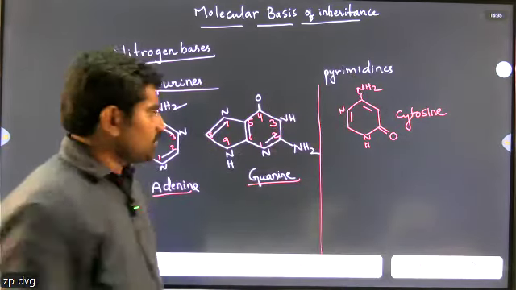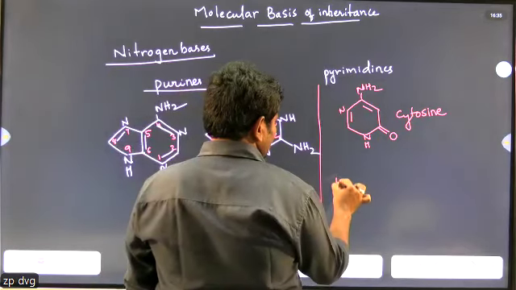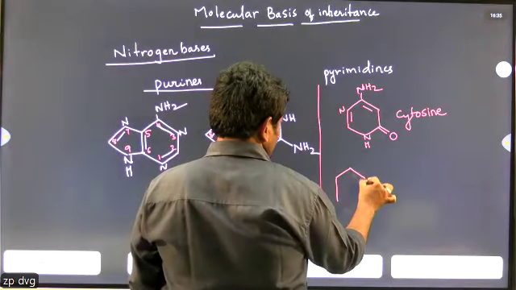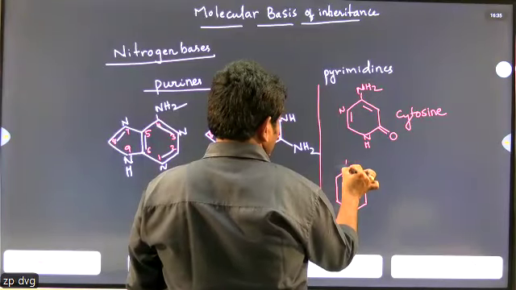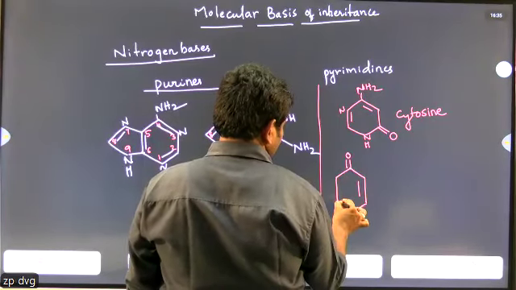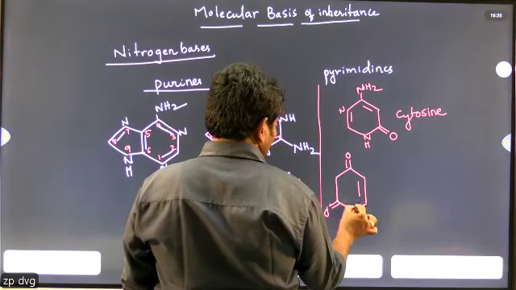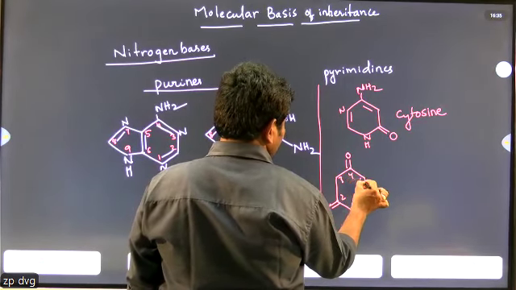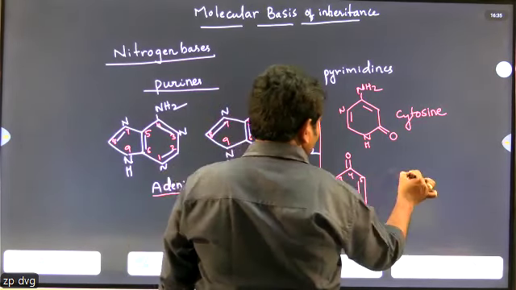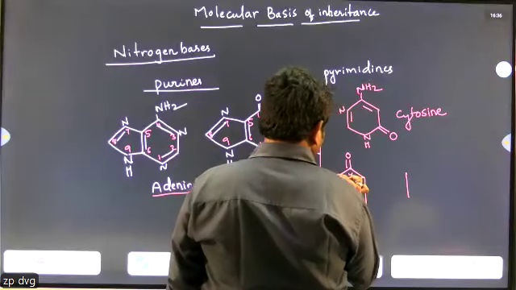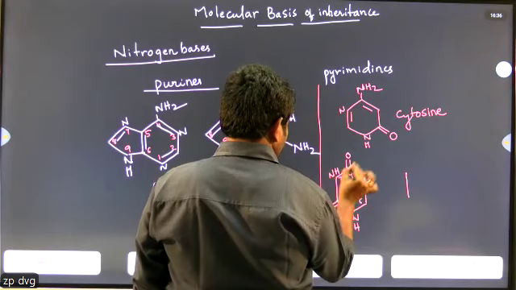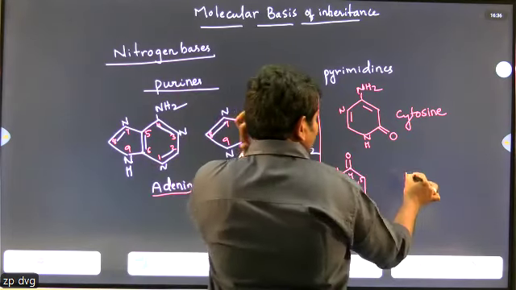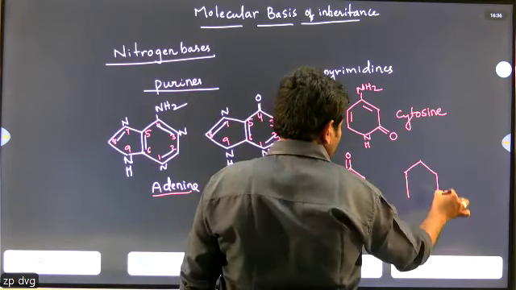Clear? That is cytosine. Next one is uracil. Uracil is like this, with positions one, two, three, four, five, six, and this is N, and this is NH and NH. Next, thymine is like this.